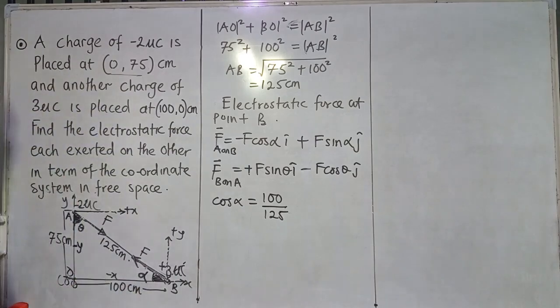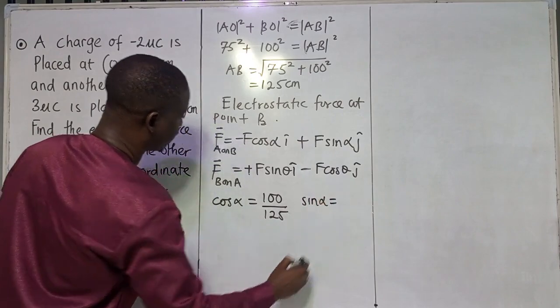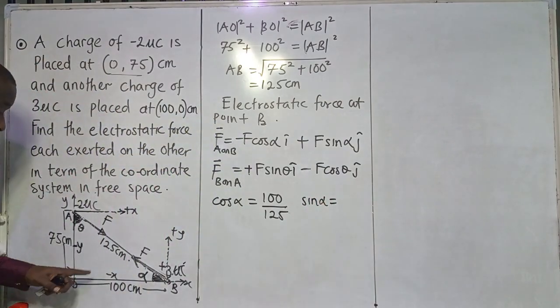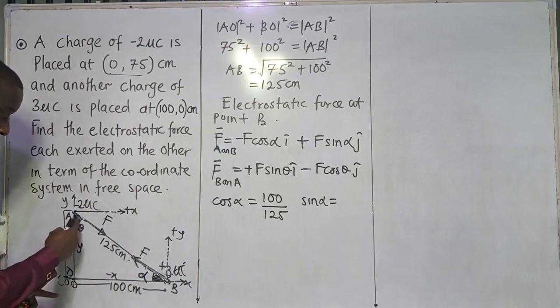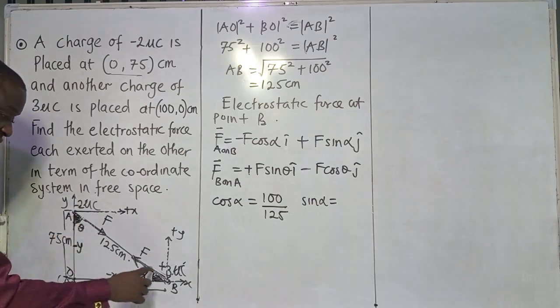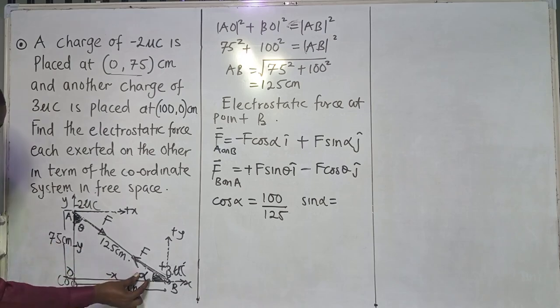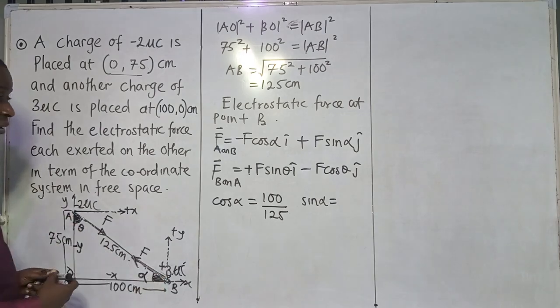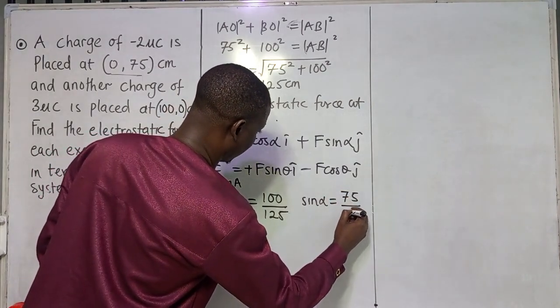That is cos alpha. Then what about sine alpha? Sine alpha is opposite over hypotenuse. The opposite to this angle is 75, and this is the hypotenuse. So this one is 75 over 125.